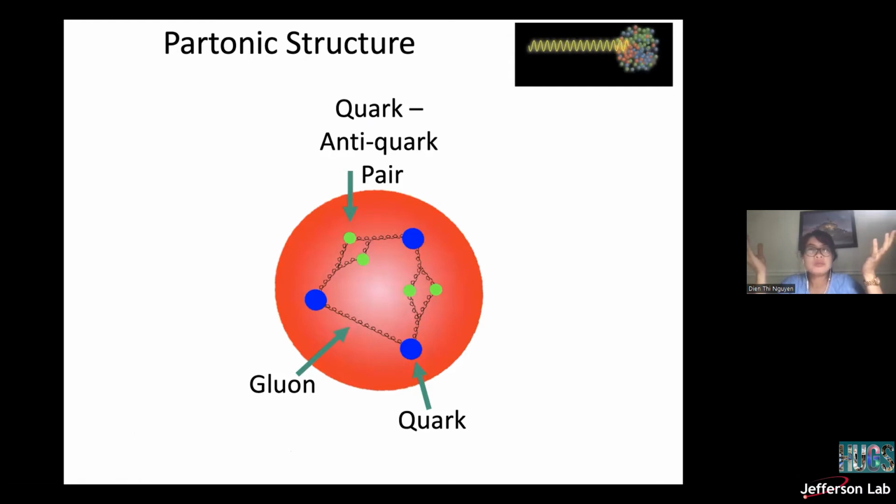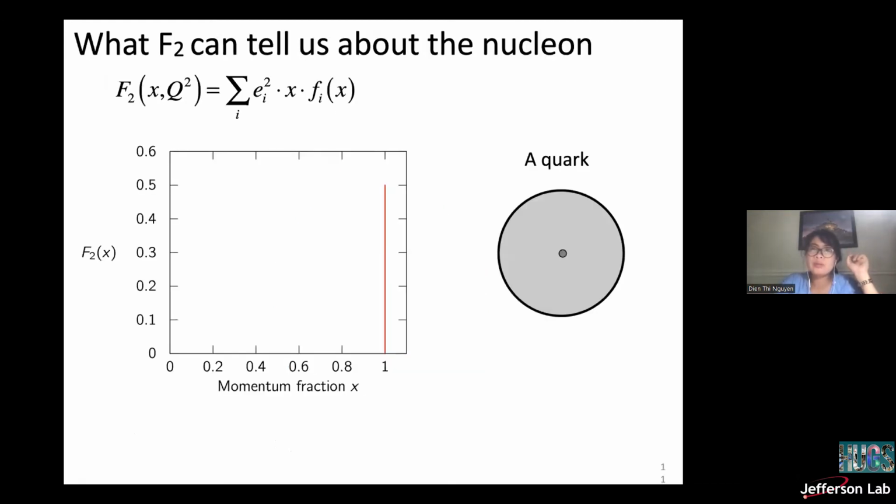So it's very complicated. If we start from the simplest picture, what if the nucleon has just one quark? What should F2 look like? Then it would just be equal to 1, right? Because there is just one object inside this structure.